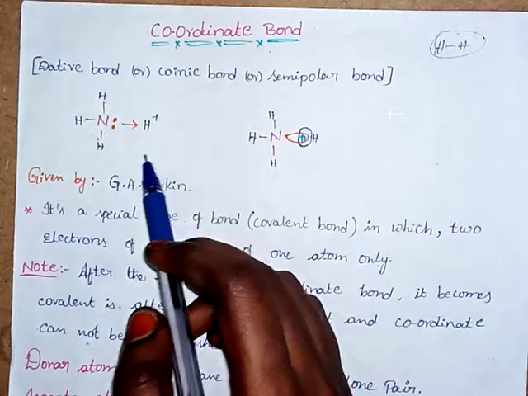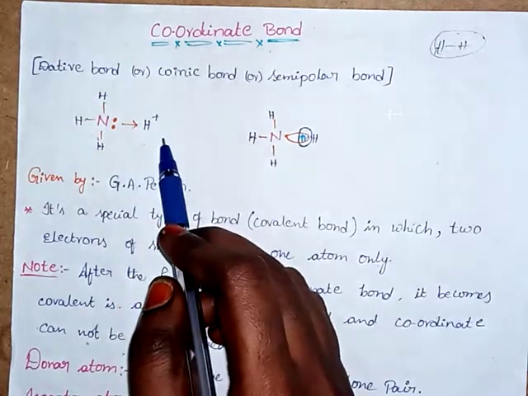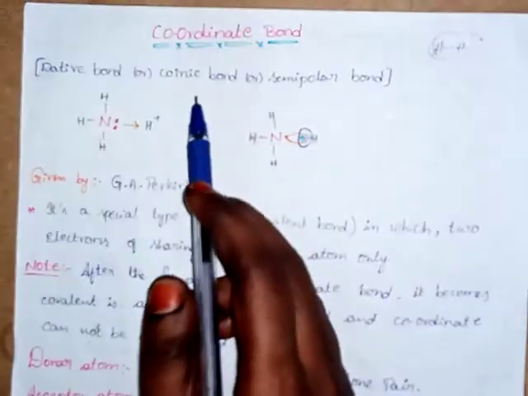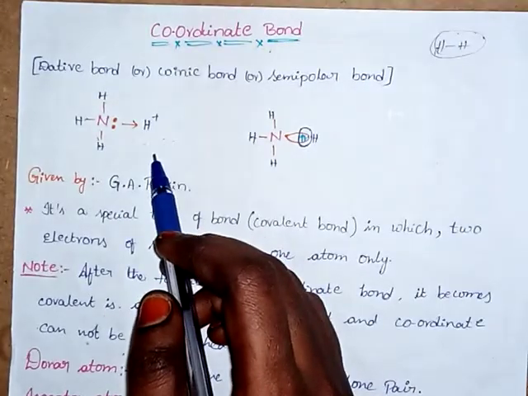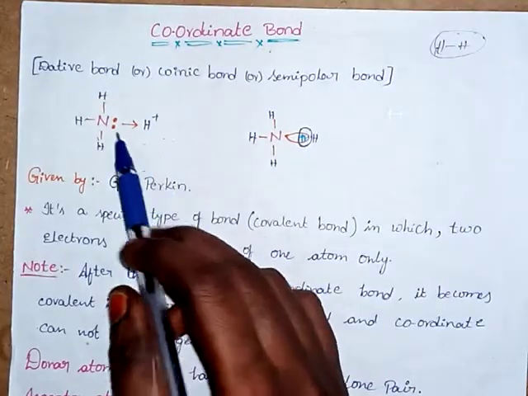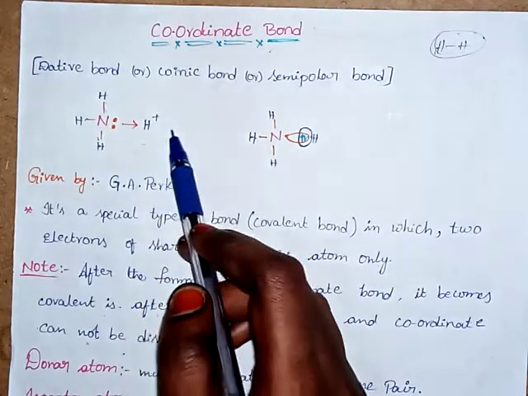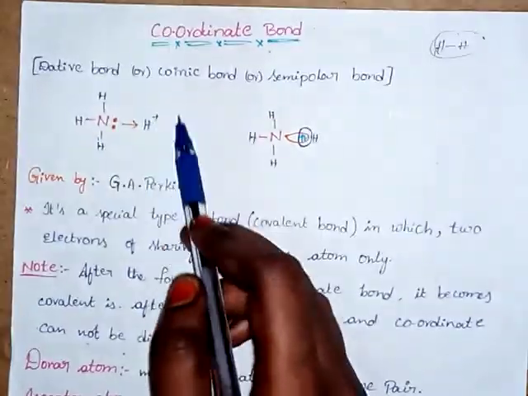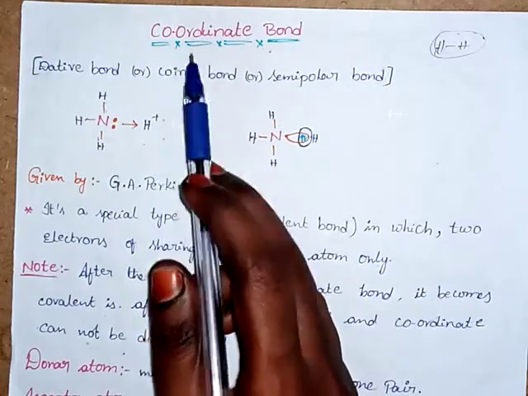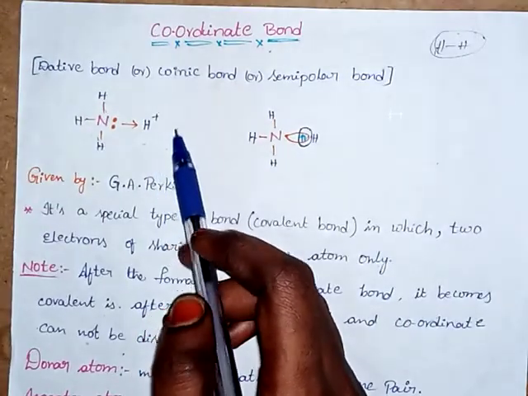Only one atom contributes its electrons. In a covalent bond there is sharing of electrons, but here only one atom participates to donate the lone pair of electrons to this hydrogen atom. Clear? So this is a coordinate bond.